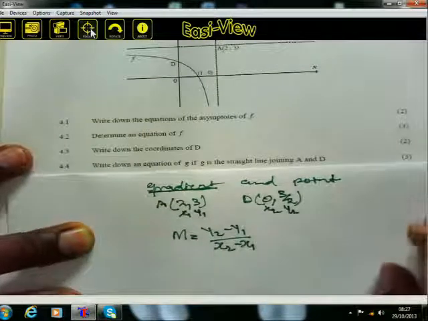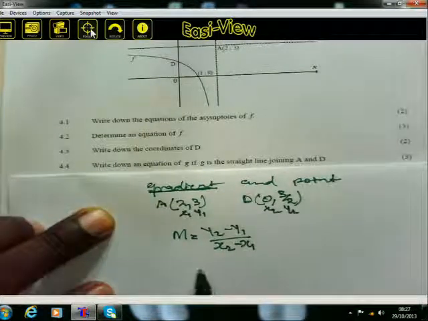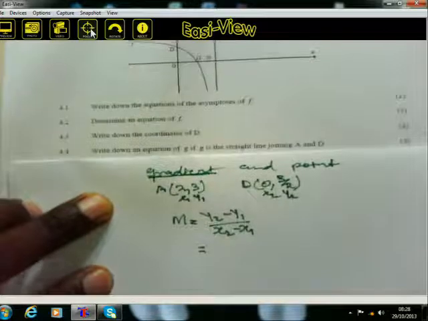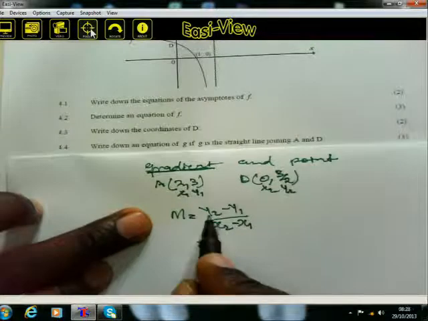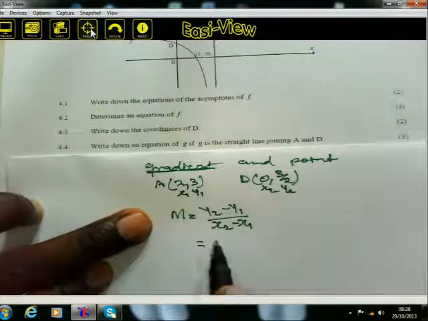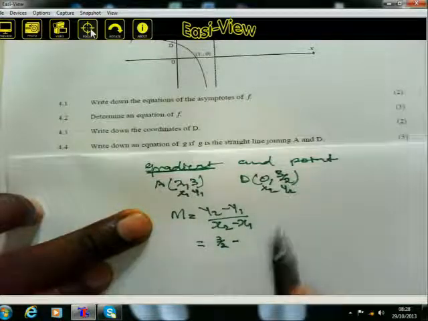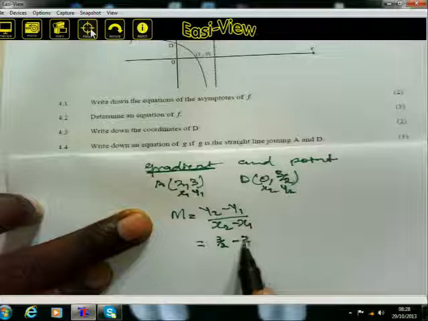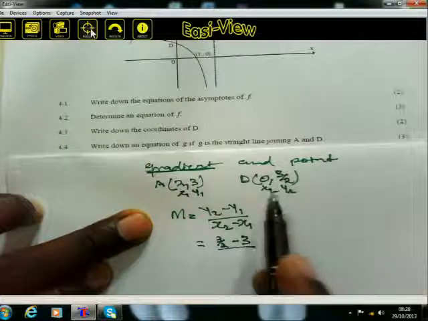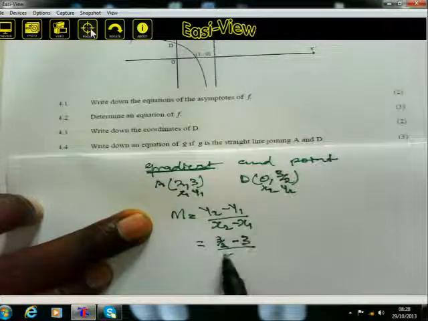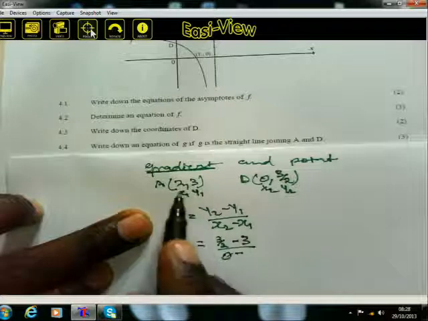Let's substitute. What is our y2? Our y2 in this case is 3 over 2, minus our y1, which is 3, over our x2, which is 0, minus our x1.